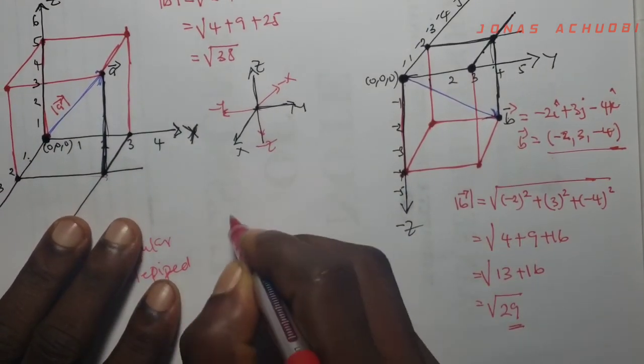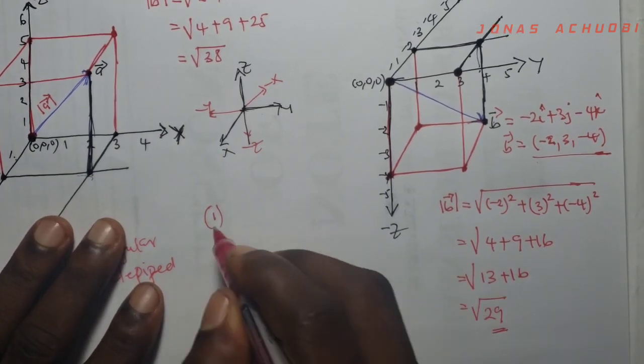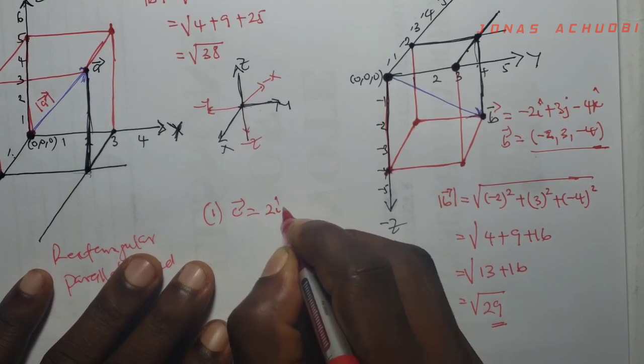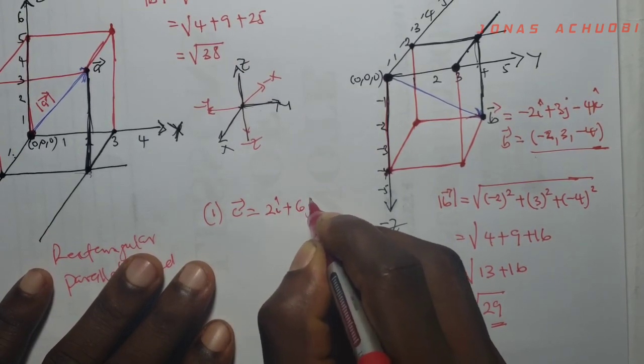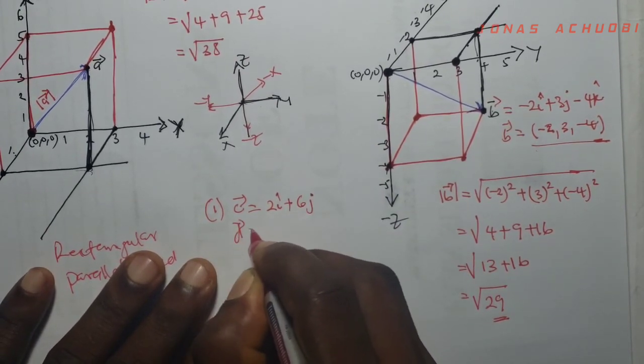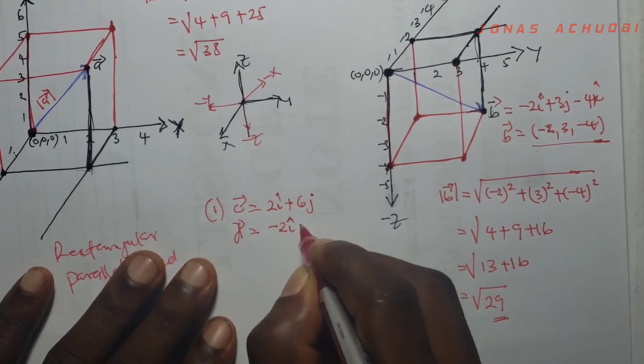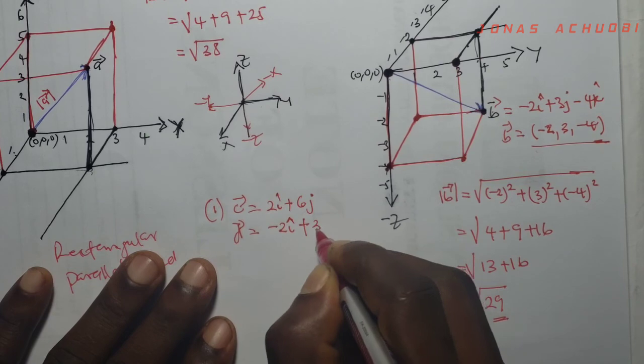So as an exercise, you can try this for yourself. Number 1, you may want to sketch this vector in 2 dimensions, vector C, 2i plus say 6j, and then vector D, you can try say minus 2i plus say 3j.